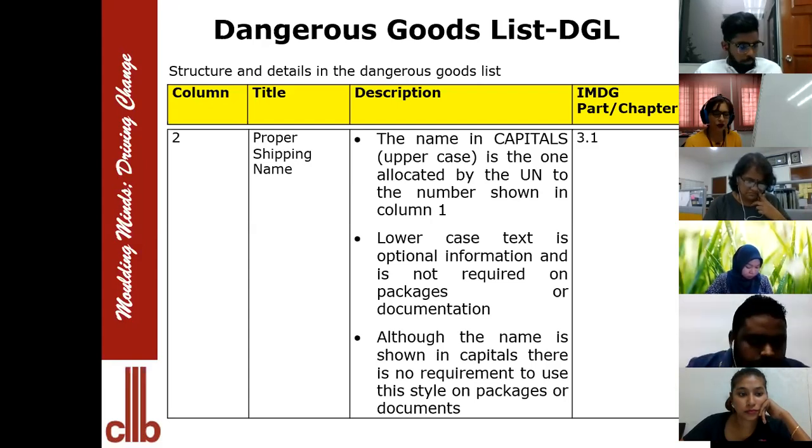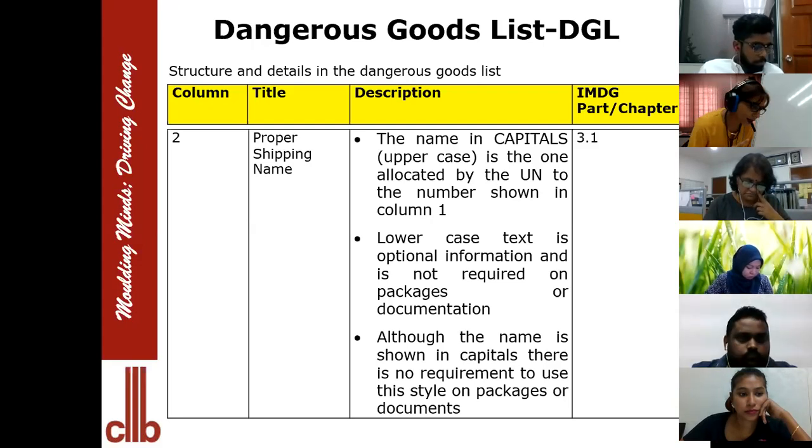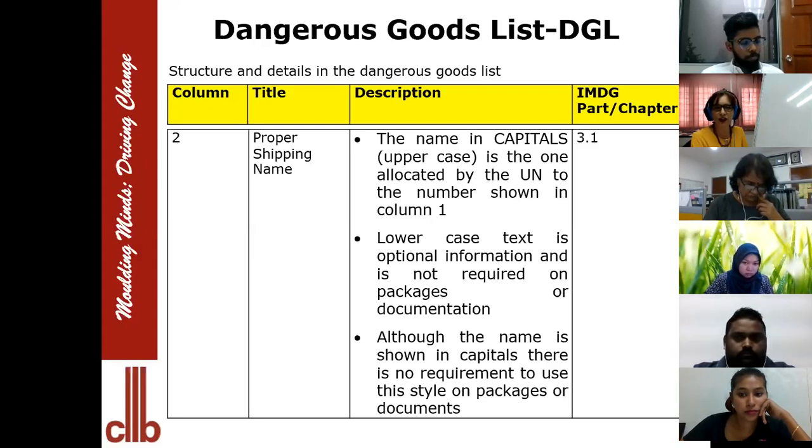So either or. When you have to identify the PSN and you have a selection of two, you look at section 14 of the safety data sheet that the shipper provides you. The shipper will tell you whether it is ethanol or ethanol solution. So you select one of them.